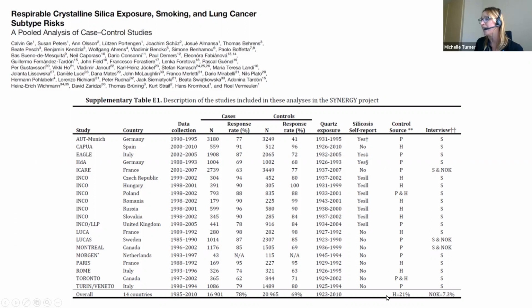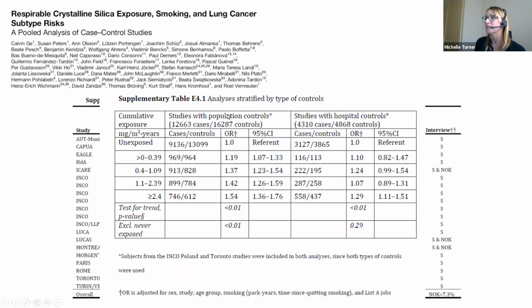Again, here they had some studies that used population controls, some studies that used hospital controls, and they had so much information too that they were also able to compare the results using these two different designs. You can see here for the analysis using hospital controls, a slightly weaker association between silica exposure and lung cancer risk.